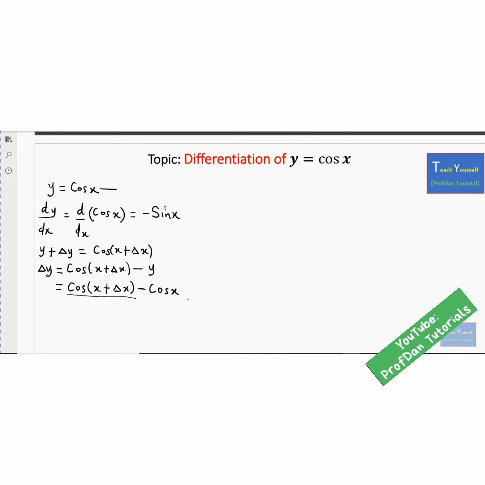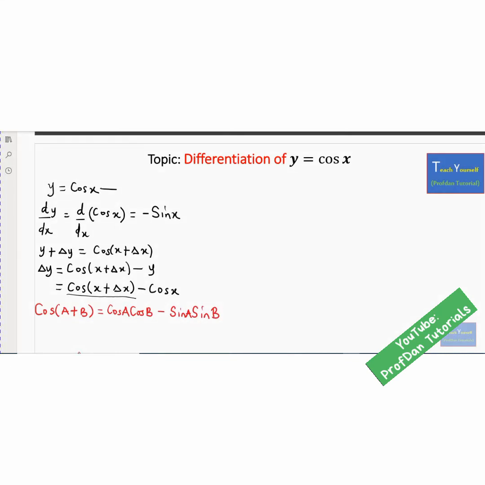From the trig identity formula, we know that the cos of the addition of two angles, let's say A plus B, will give us cos A cos B minus sine A sine B.